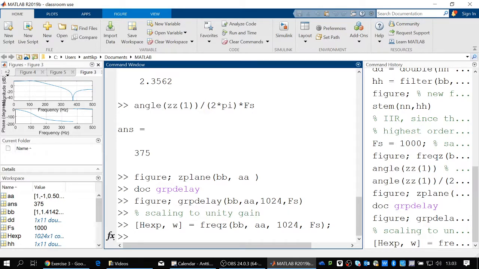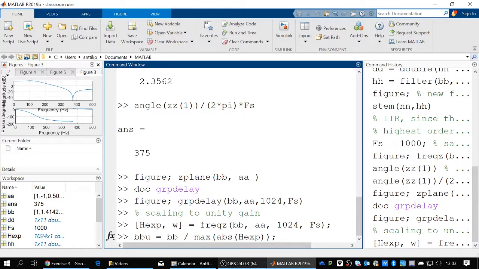Or if this was a real system, then you would probably just scale the filter output. But in MATLAB, for unity gain, BBU equals BB divided by the maximum of the absolute value of HEXP. So the amplitude response is the absolute value of this frequency response, and then we take the maximum value.